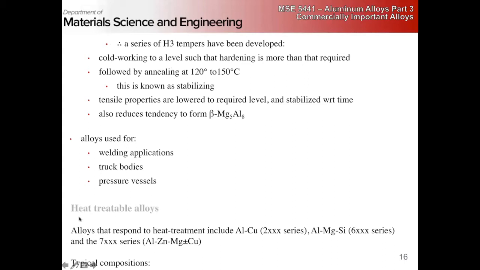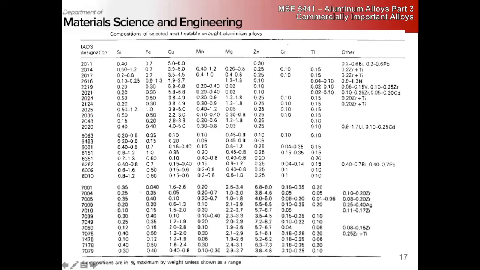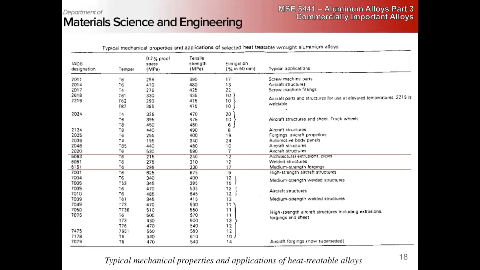So the important ones in the heat-treatable alloys are aluminum copper, the 2000 series, aluminum magnesium silicon 6000 series, and 7000 series aluminum, zinc, magnesium, with or without some copper. Just some typical composition ranges, examples, the temper they're used in, some properties and applications.